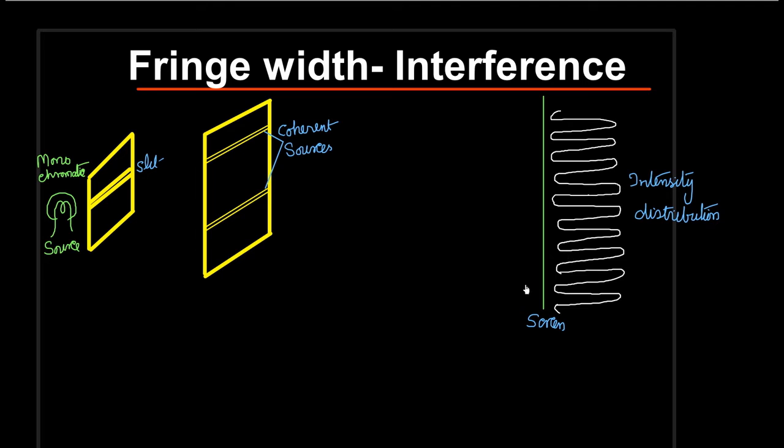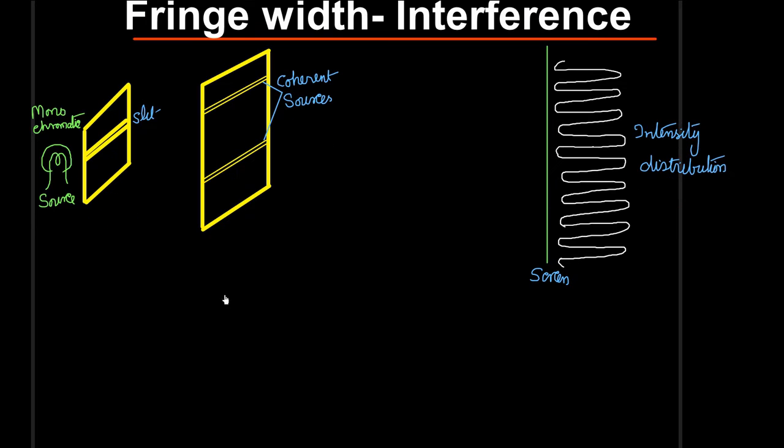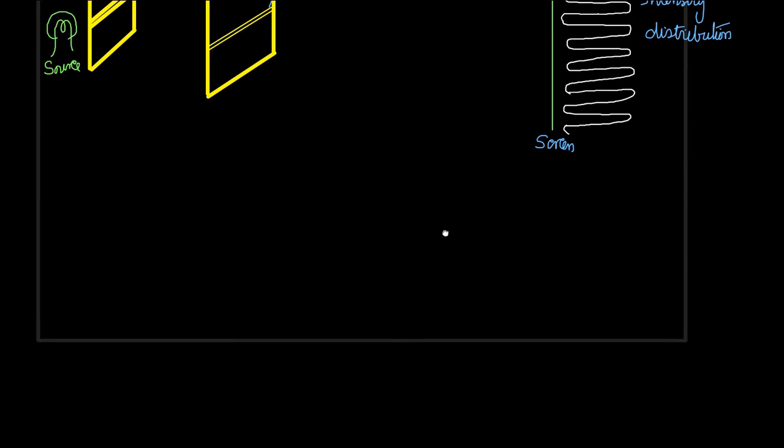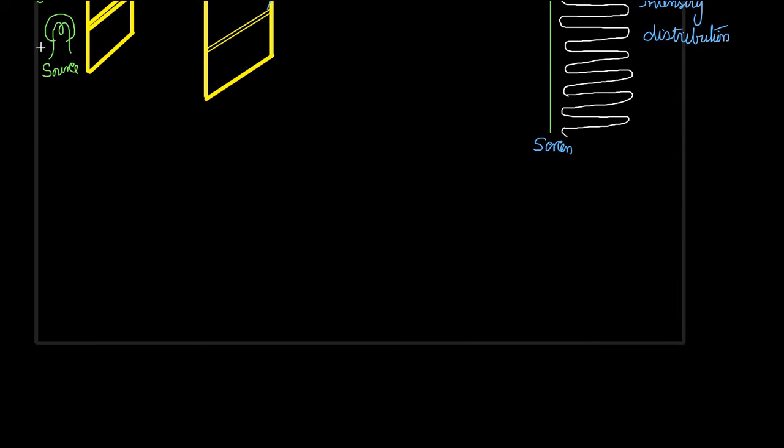All the bright fringes are equally bright and all the dark fringes are equally dark. Moreover, these interference fringes are of equal width. Next, let us see how to get an expression for fringe width. For this, let us consider the monochromatic sources to be S1 and S2.